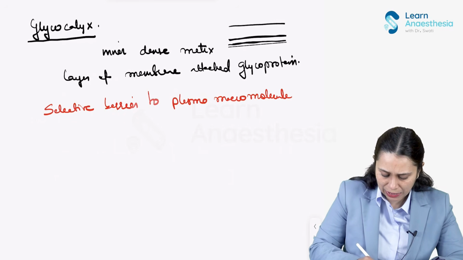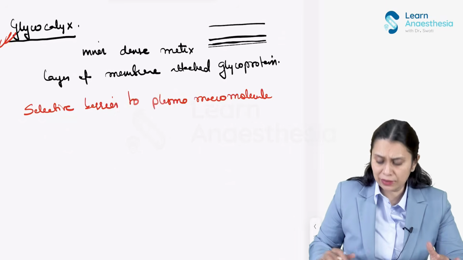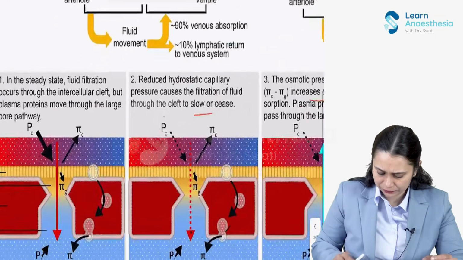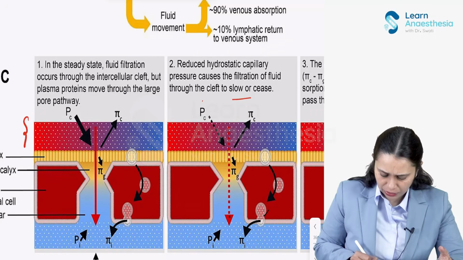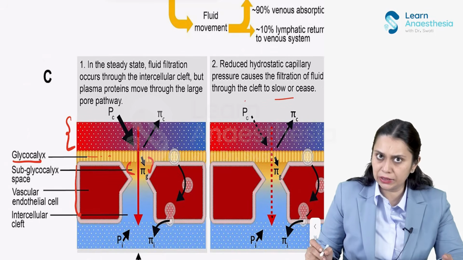So when this glycocalyx layer came into existence, the subglycocalyx space also came into existence. So if you see, this is the lumen of the blood vessel, this is the glycocalyx layer, this is the subglycocalyx space, and this is the vascular endothelium.